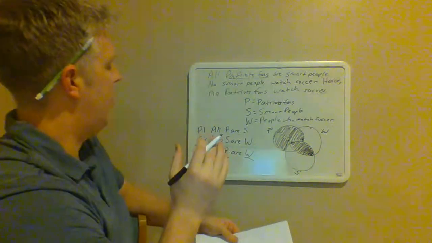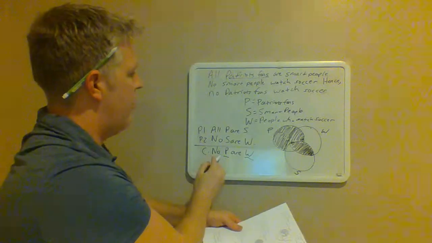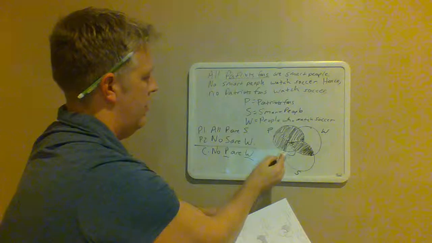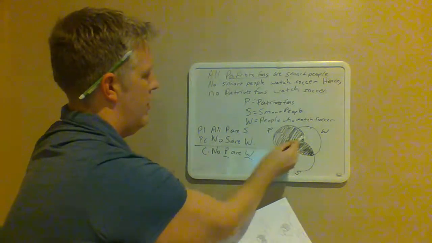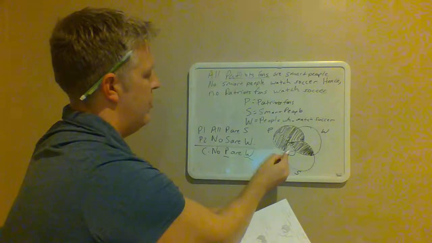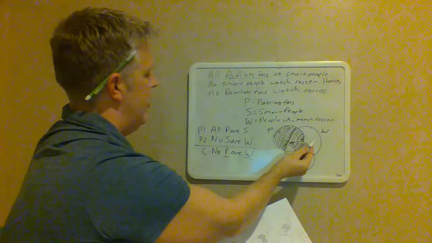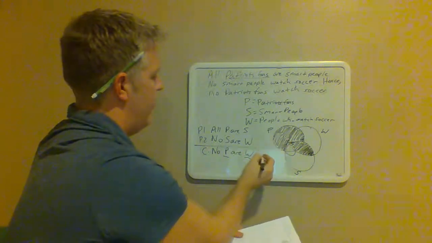Okay, now we step back and we ask, from the diagramming of the premises, is it clear that no P are W? Well, we only have one spot where there's P's. We've eliminated all the other spots, and what do you know? They're not W. That's the only position or spot where it's possible to be P. It's not possible to be W. So no P are W, that is indicated by the diagramming of the premises.